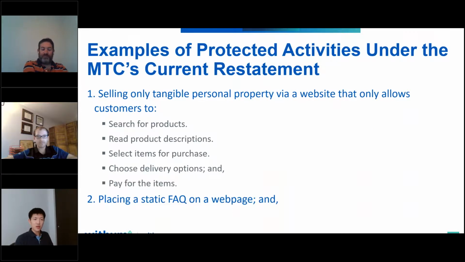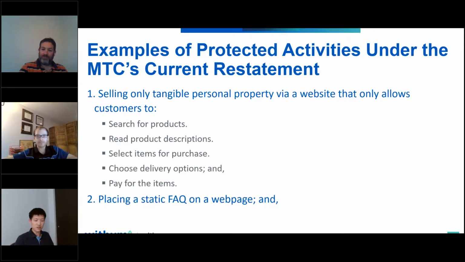I want to go through, similar to what Jonathan did before, the protected activities. It might not sound too bad when we read through this, but we'll see when we get to the unprotected activities how that compares. These protected activities include selling only tangible personal property via a website, where it only allows customers to search, read the product description, select it for purchase, choose delivery options, and pay for the items.